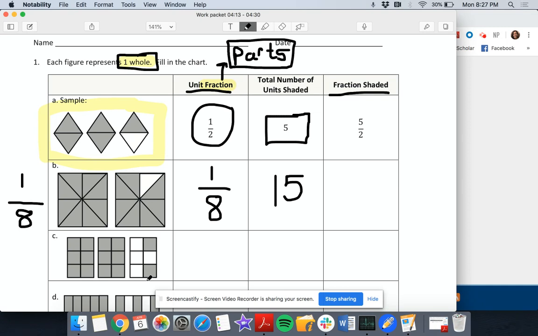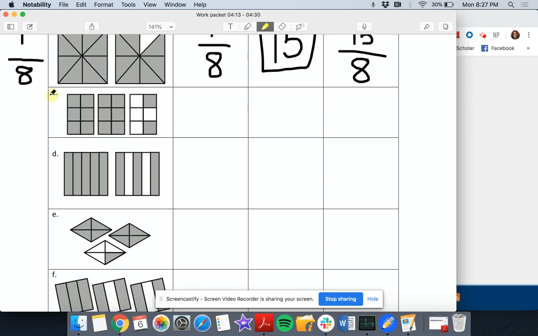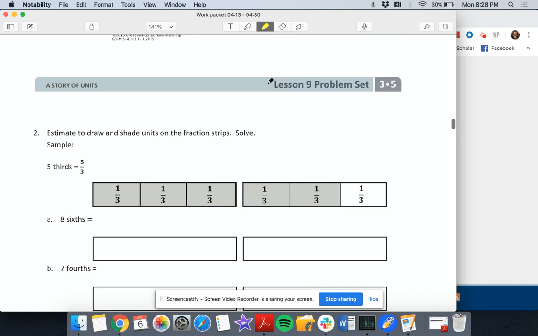And then my fraction shaded is essentially this total number of units shaded will be my numerator, while the total number in each figure, so this 1, 2, 3, 4, 5, 6, 7, 8, will be my denominator. Okay? So you guys should be able to do right now C, D, E, and F on your own. Let's scroll to the next page to work on this continued lesson 9 problem set.